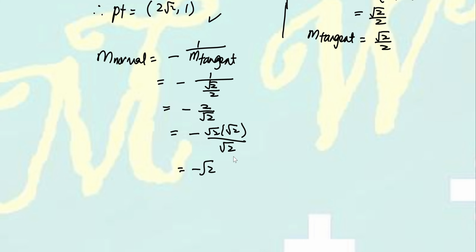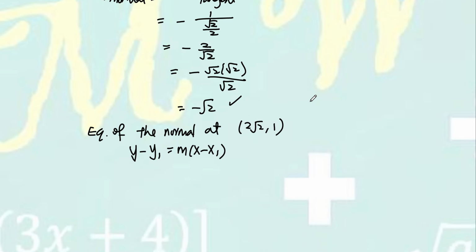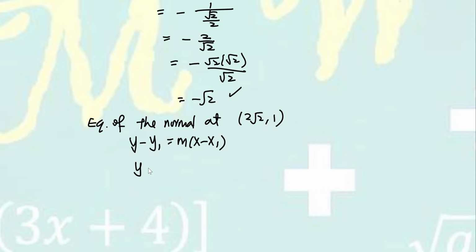Okay, so with the point and the gradient, you can form the equation of the normal. It will be y minus y1 equals m bracket x minus x1. This is a straight line equation, or you can just write y equals mx plus c. So y minus 1, the m is minus square root 2, x minus 2 square root 2.